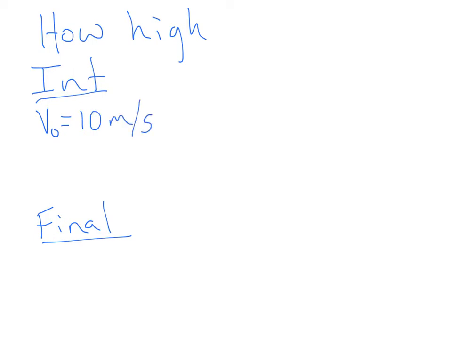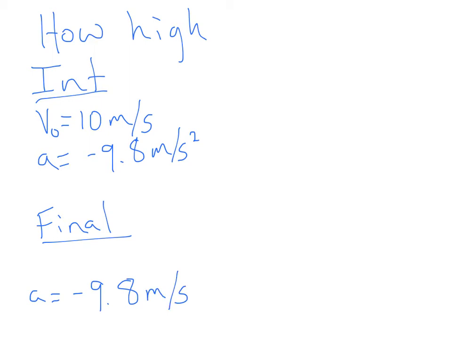We also have an acceleration that is negative 9.8 meters per second squared. That is the same initially, and in our final situation we also have a negative 9.8 meters per second squared. What else do we know? We know that the final velocity is going to be 0, because we're getting to our max height.